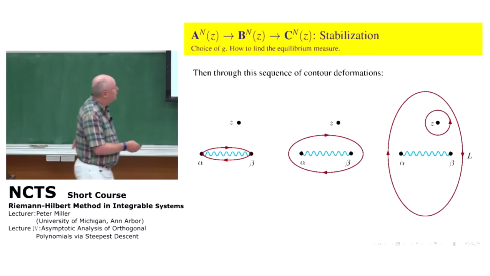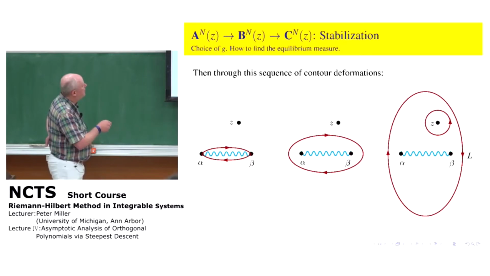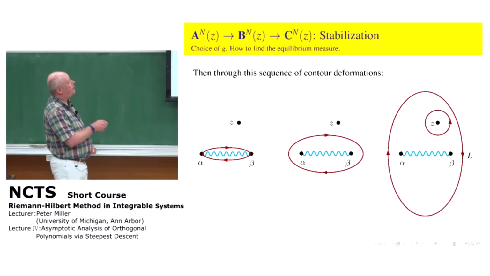So now we do some tricks. Here's the idea. We first integrate alpha to beta on the plus side, and then we add in beta back to alpha on the minus side. That's what we start with. But our v is analytic now. It's entire, and the only other singularity of our integrand is a simple pole at the point x equals z.